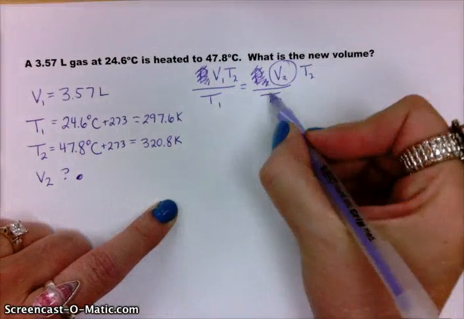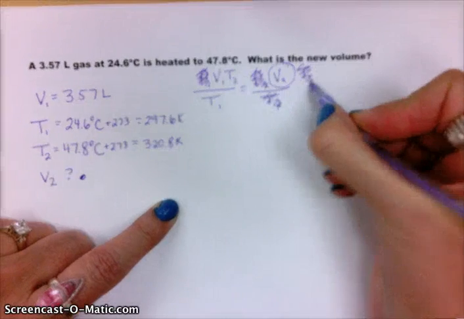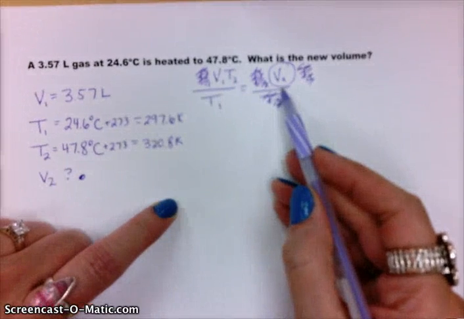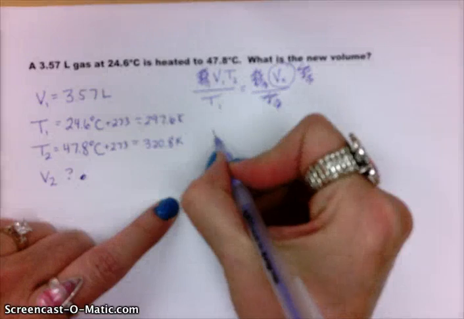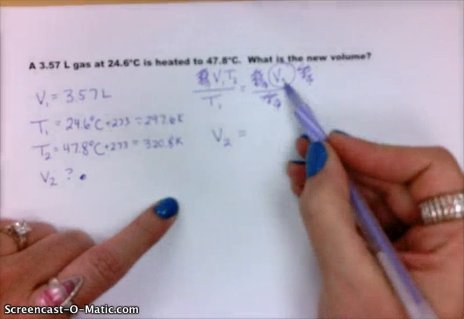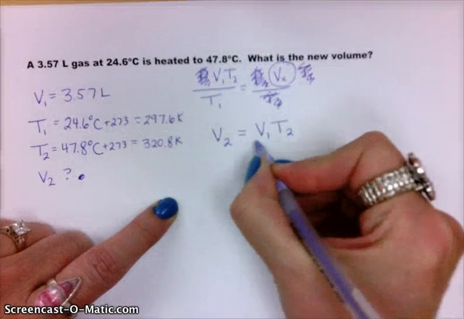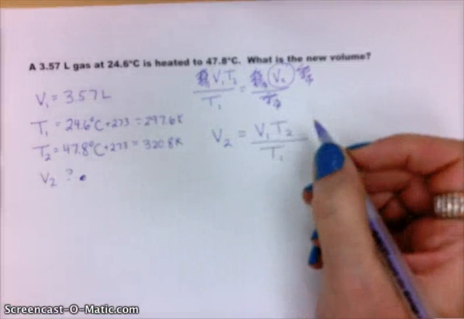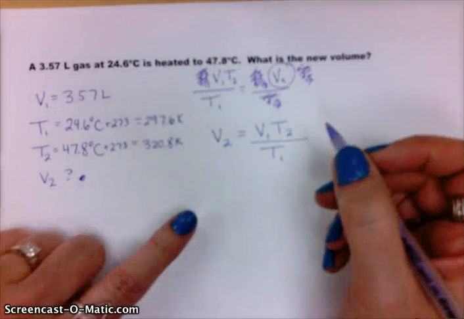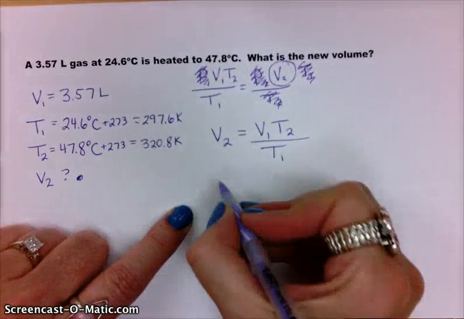That allows T2 to cancel out, and then V2 is by itself. So I'm going to rewrite this as V2 equals V1 T2 over T1. Now that we have our formula, we're ready to plug in.